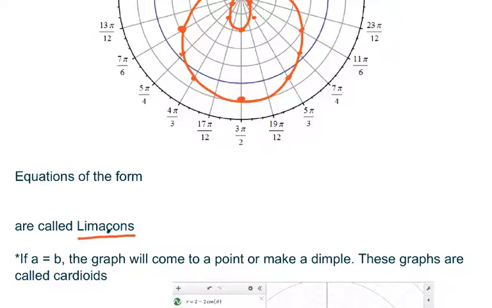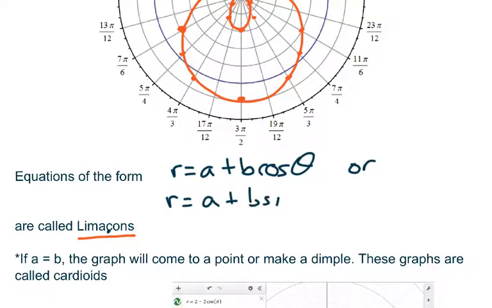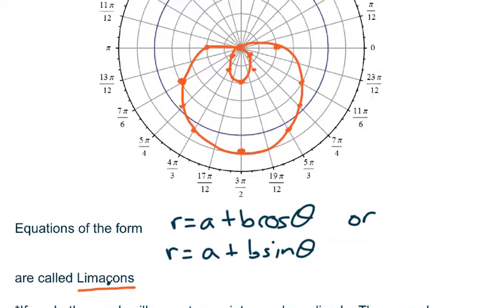L-I-M-A-C-O-N. Limaçon. Equations of the form r equals a plus b cosine of theta, or r equals a plus b sine of theta, are called limaçons. They kind of look like a P or like a buckeye with the little thing in the middle.